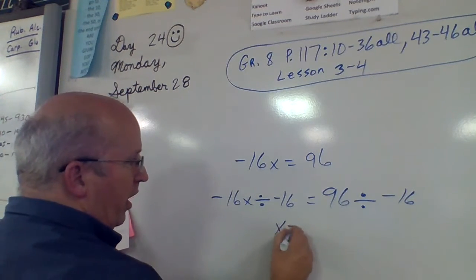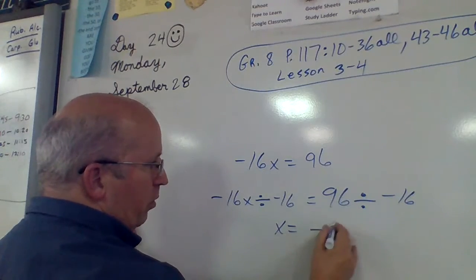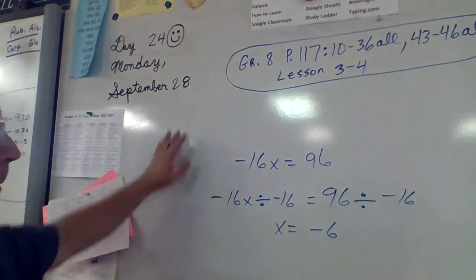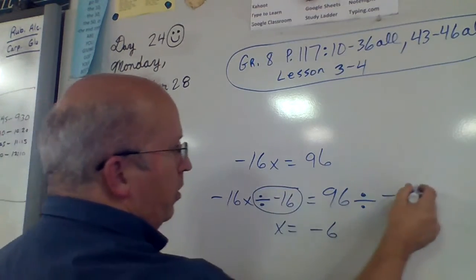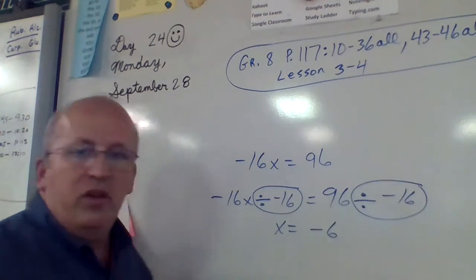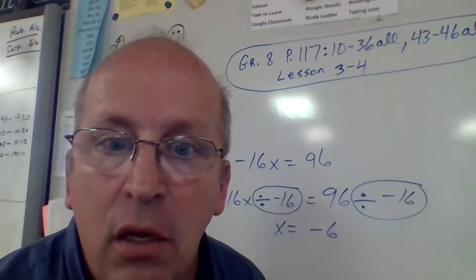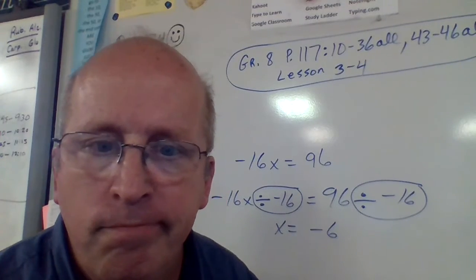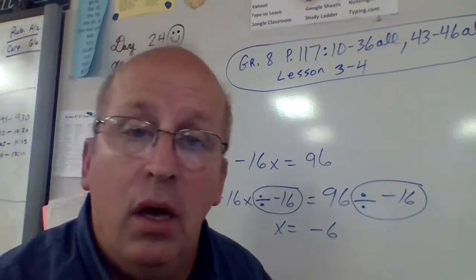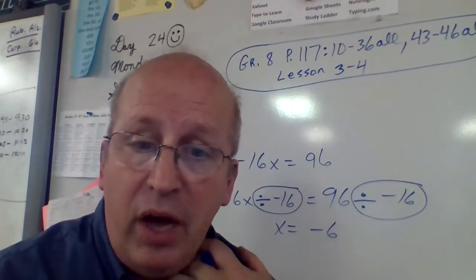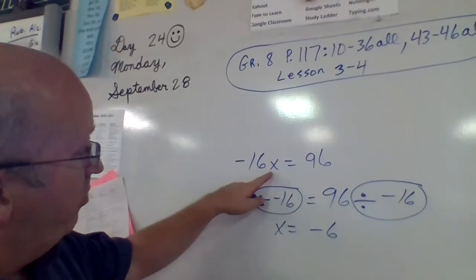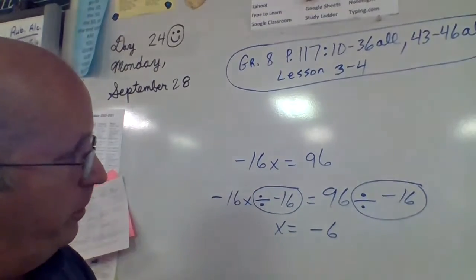And in this case, I get x equaling whatever this is, which happens to be negative 6. What did I just use? According to your textbook, I just used the division property of equality to solve that equation. Or in other words, I divided both sides of the equation by negative 16, because dividing by negative 16 is the opposite of multiplying by negative 16.